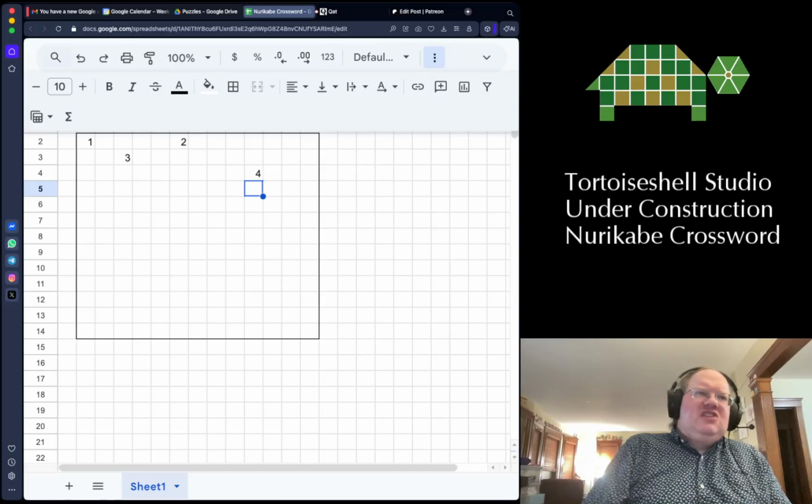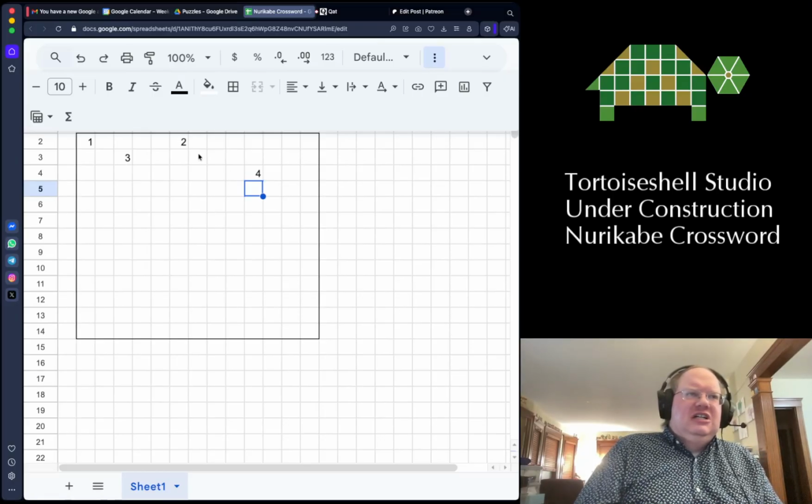And each of these has a clue associated with it, and the clue's answer gets entered into the island, with the length of the answer being the size of the island. And you go row by row.